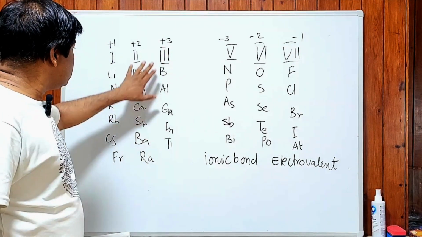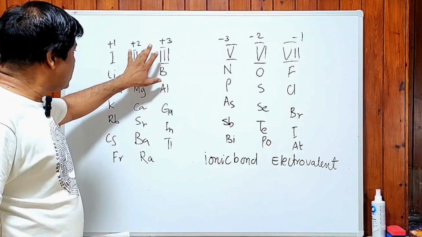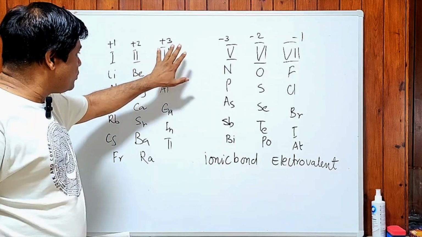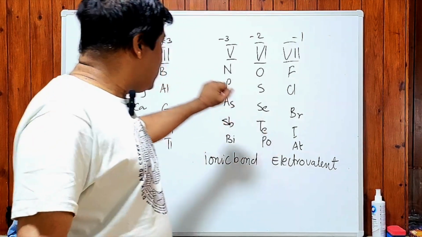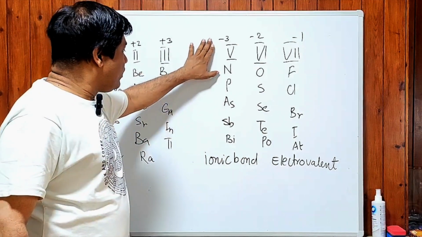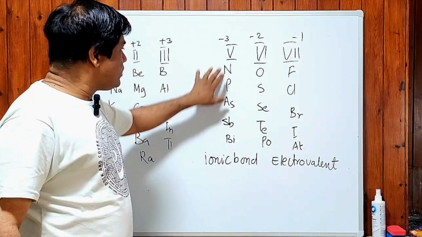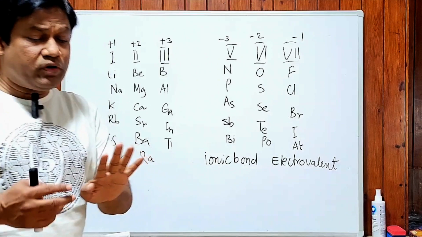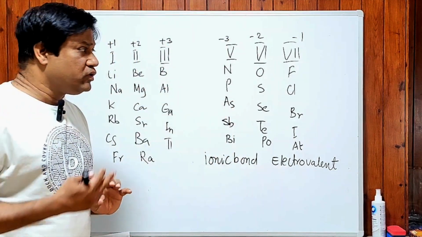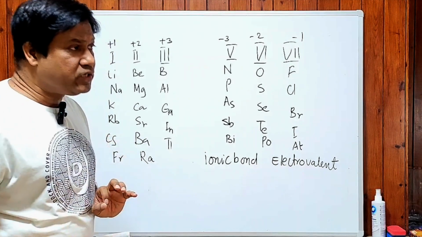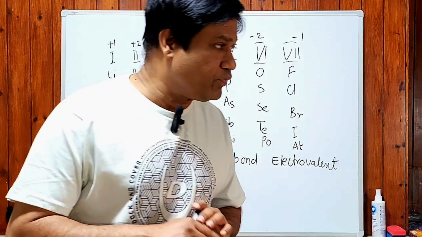Group 2 elements can lose 2 electrons, they get a plus 2 charge. Group 3 lose 3 electrons, so plus 3 charge. In the same way, we have non-metals, group 5 elements. They already have 5 electrons in the valence shell. They need 3 to become an octet or full shell electronic configuration.